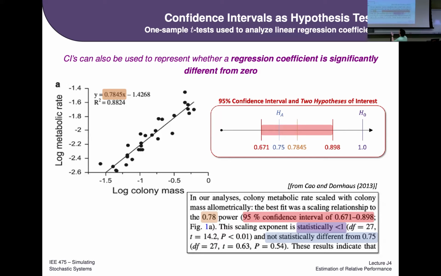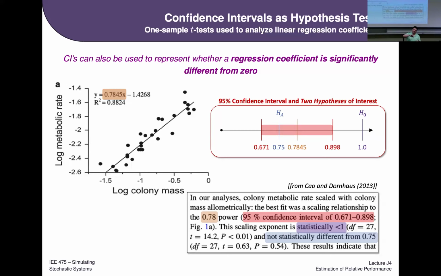So what this colleague at the University of Arizona was studying was, what about ant colonies? You can measure how much energy a colony uses. You basically can collect the carbon dioxide that's produced by a colony of ants, and then use that to figure out how much energy the colony is using. Then you can study whether small colonies use less energy than large colonies, and to what extent.